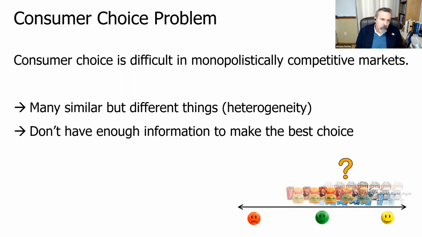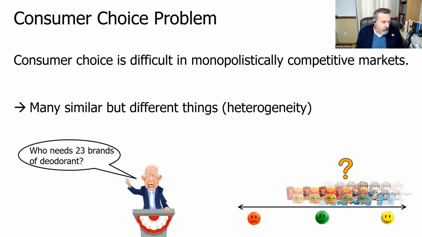And so what do you do when you're faced with having to make a choice amongst a bunch of similar, although different goods? You want to make the best choice possible, and yet there are all of these options in front of you. Bernie Sanders did this famous thing of who needs 23 brands of deodorant. Well, that's kind of what we're getting at here.